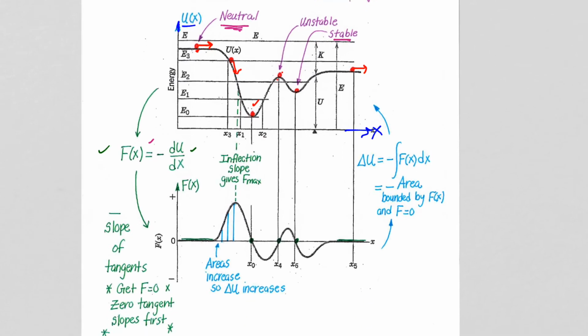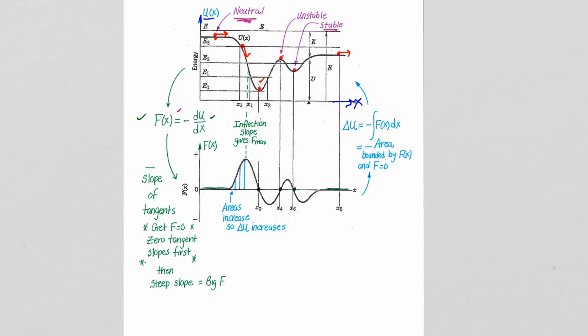But how about if we weren't given this F of x graph, and we're being asked to generate the F of x versus x graph? What you want to do is make it all about the slope of the tangents.